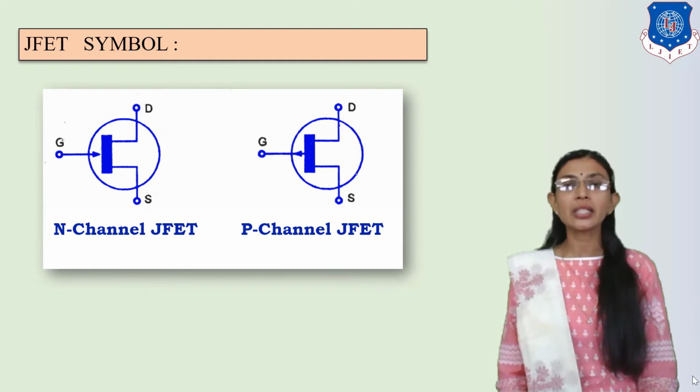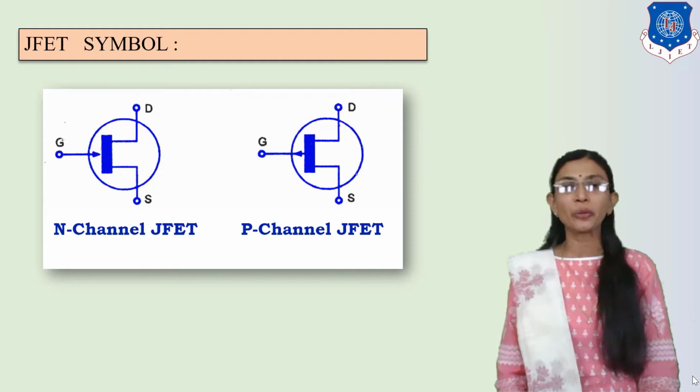Look at this. These are the symbols of N-channel JFET and P-channel JFET. Always the type of JFET is identified by the arrow direction on the gate terminal. Actually, we will have this type of symbol of FET with three terminals: drain, gate and source.